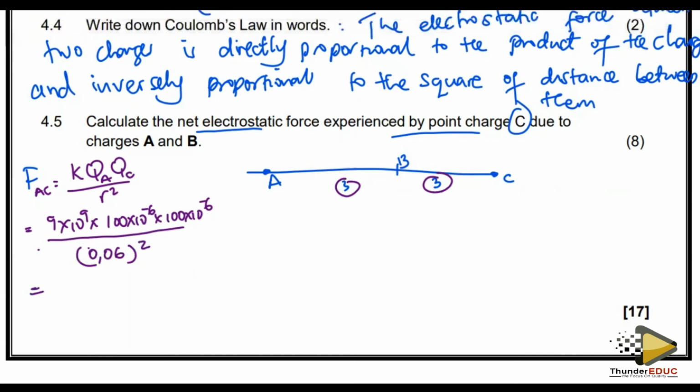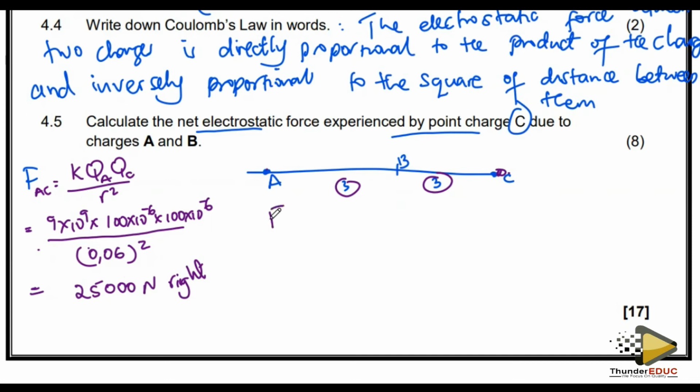Okay, put that into my machine. It's 10 to the 9, multiplying by 100 times 100 like that over 0.06 squared, giving me 25,000. Since the two are positive charges, the force is repulsive.